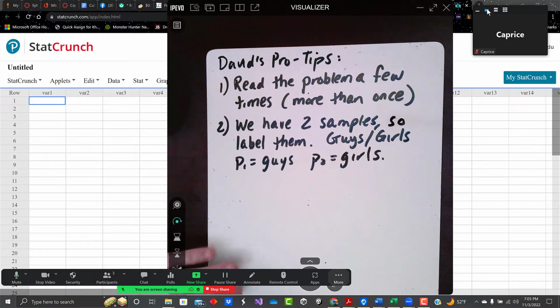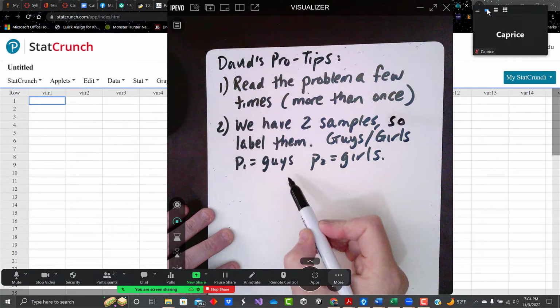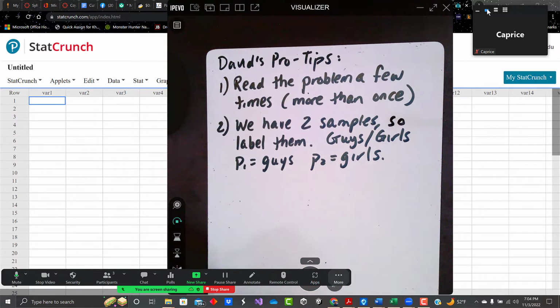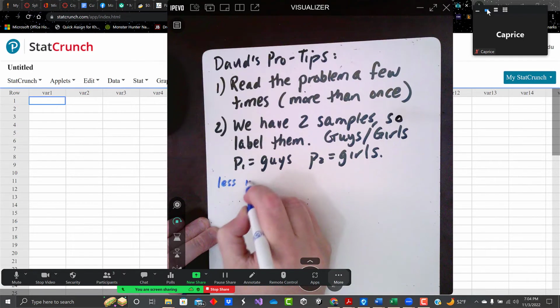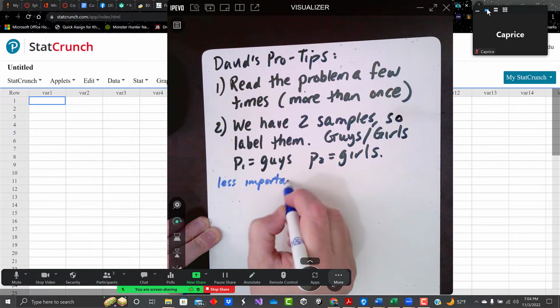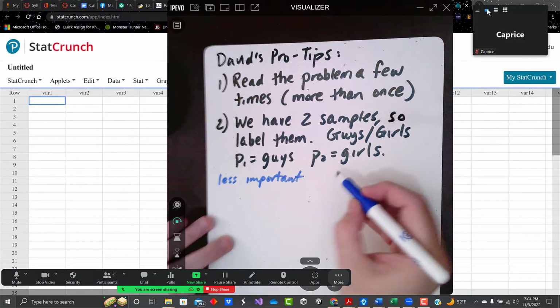Literally write it down so you have that information written down. This doesn't matter as much, it's less important, but you should still do it for the end, when we are doing P1 not equal to P2.